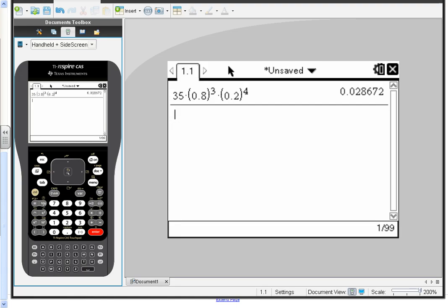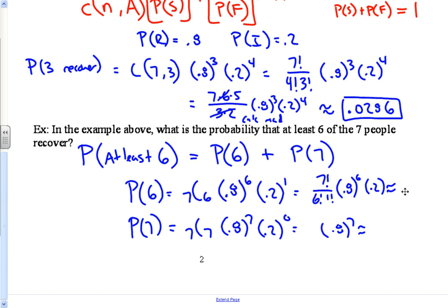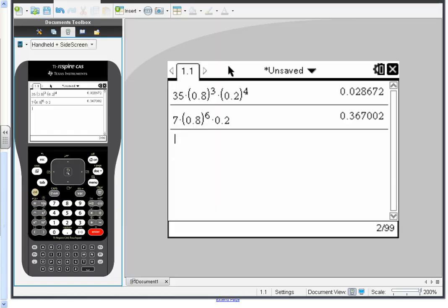I have 7 times 0.8 to the 6th power times 0.2 to the 1 power, which would give me 0.367, and then I have 0.8 to the 7th power, which gives me 0.209.